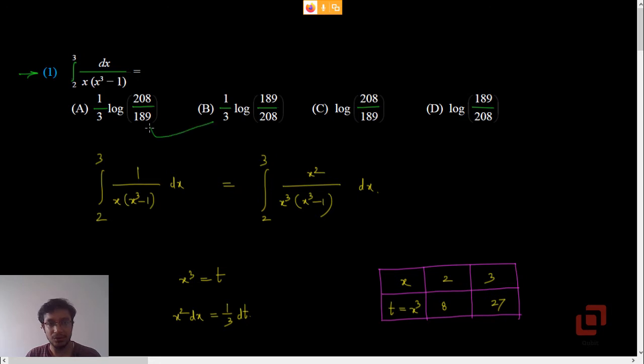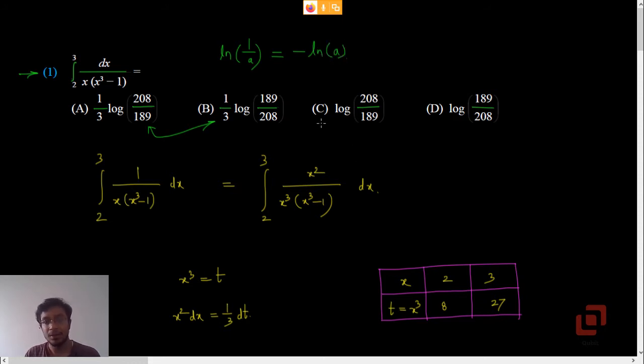So these two options A and B are negatives of each other, because here the fraction is 208 upon 189 and here we have its reciprocal, 189 upon 208, and we know that log of 1 upon a is minus log of a.